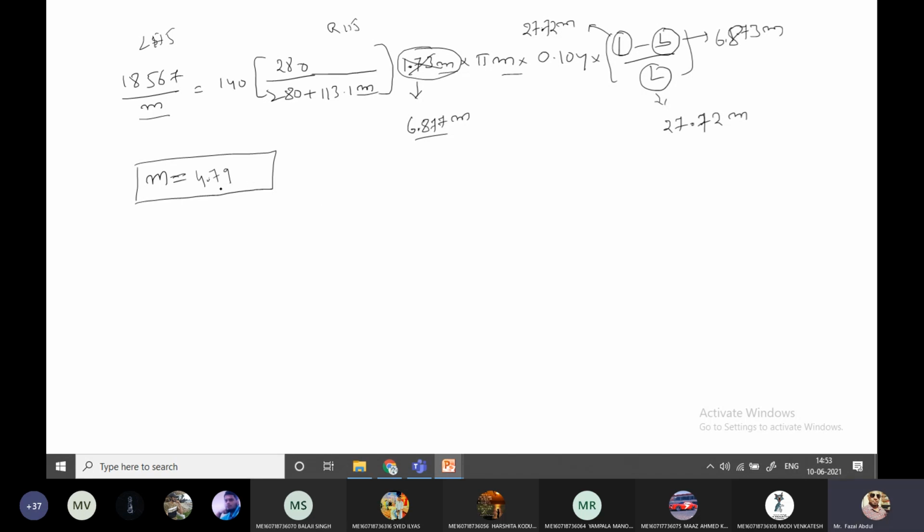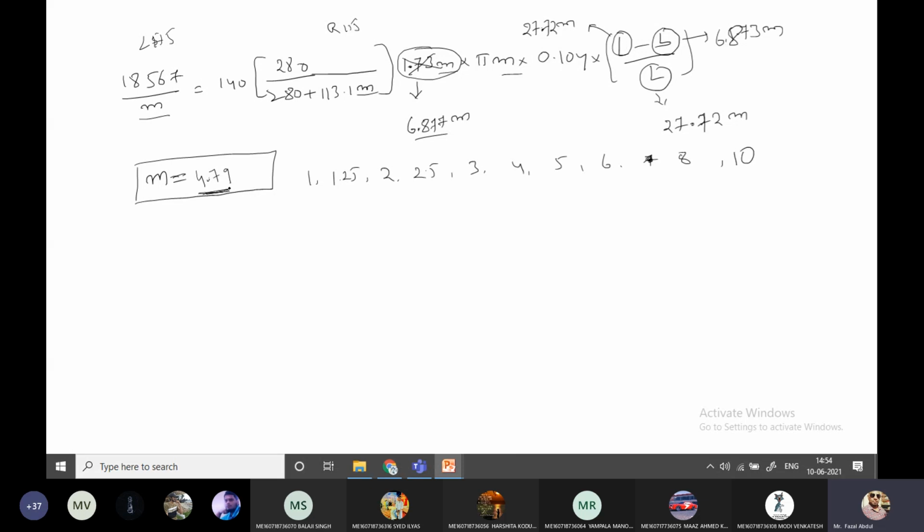Now, after calculating the module value, I'm expecting the answer from all students. After getting the module value, as per Indian standards, the range is given: module values 1.25, 2, 2.5, 3, 4, 5, 6, 7, 8, 10.